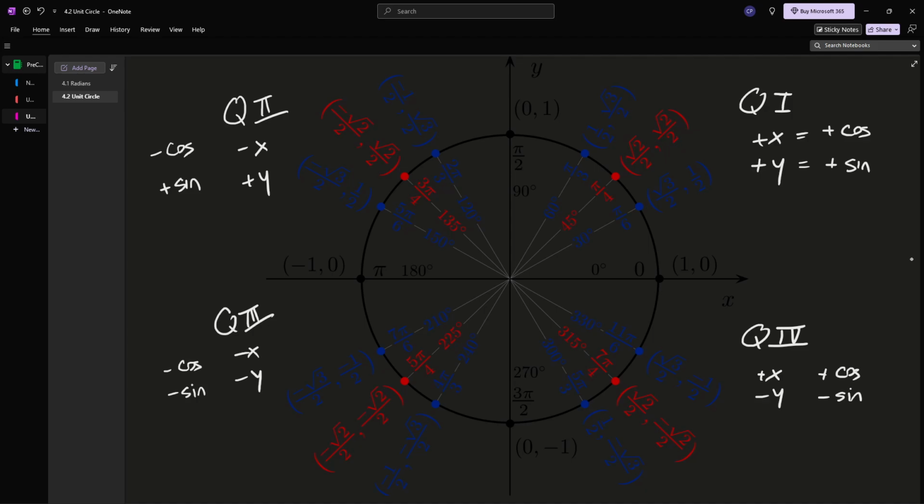And these radians, like memorizing 3 pi over 4, 5 pi over 6, as you do graphing, we'll see which ones are important, but the 5 that I need you to understand and know where they are are these 5: 0, pi over 2, pi, and 3 pi over 2.